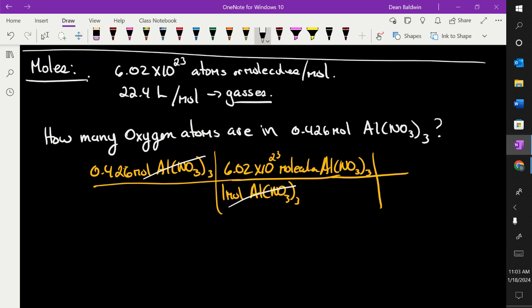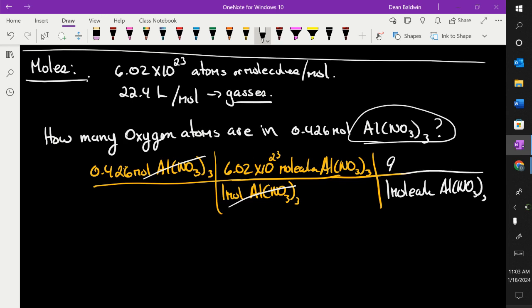I'm asking for, what am I asking for? Oxygen atoms. So how many oxygen atoms are in one molecule? There's 9. So 1 molecule of AlNO3 is 9 oxygen atoms.